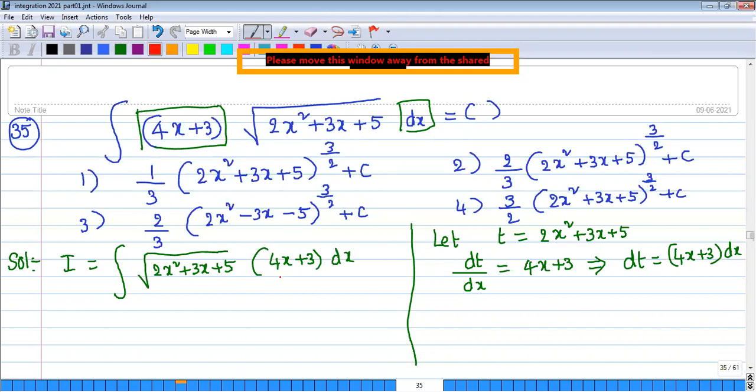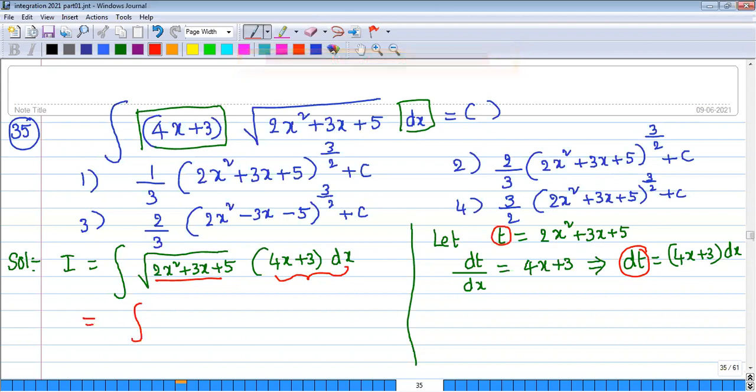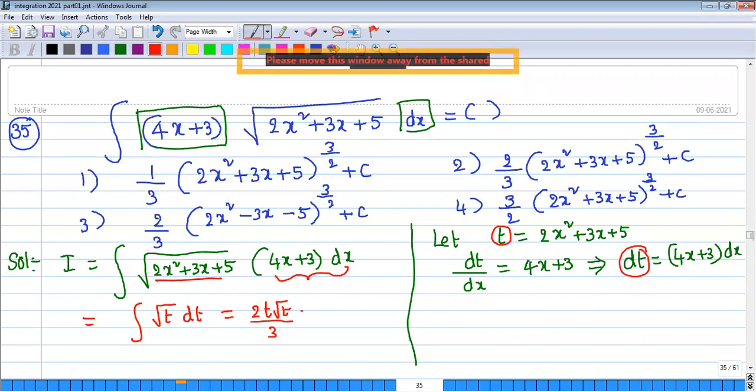So now this is dt, and this one is t. This we can write as integral root t dt. Root t integral is 2t root t by 3 plus constant of integration.